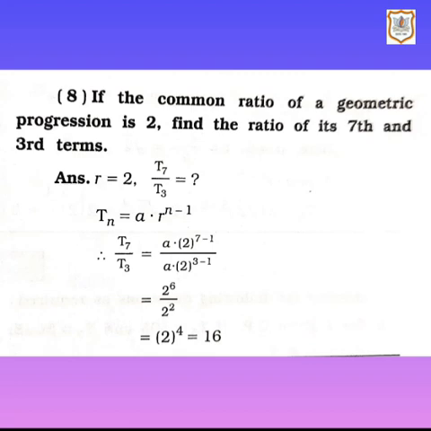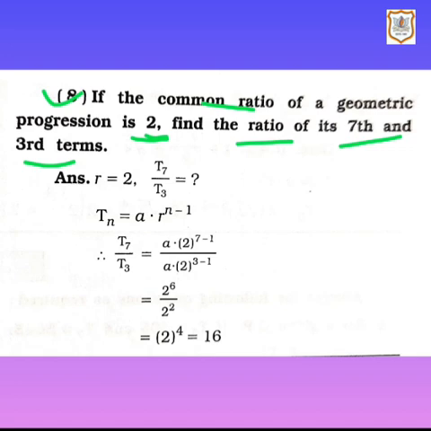Let's continue with sum number 8. Let's read it. If common ratio of GP is 2, find the ratio of its 7th and 3rd term. Now common ratio 2 is given, but we have to find the ratio of 7th term and 3rd term. So how is the ratio taken out?